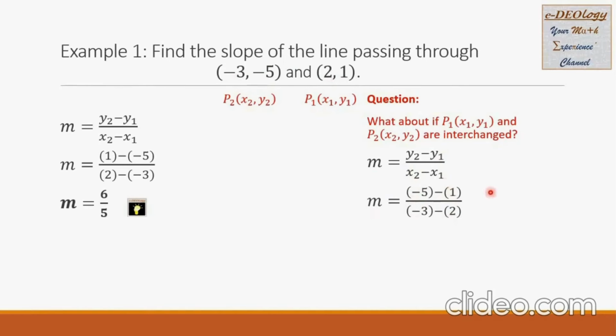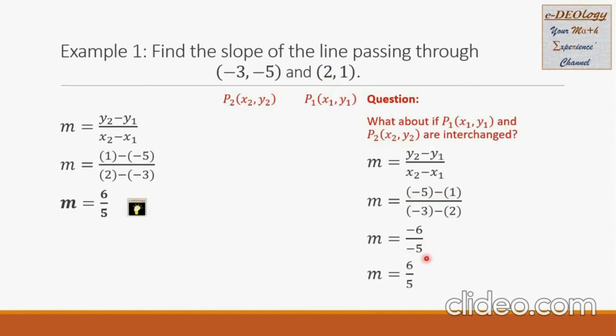Then let us simplify the numerator and denominator. Negative 5 minus 1 equals negative 6. Negative 3 minus 2 is negative 5. When we divide a negative by a negative, the answer is positive.